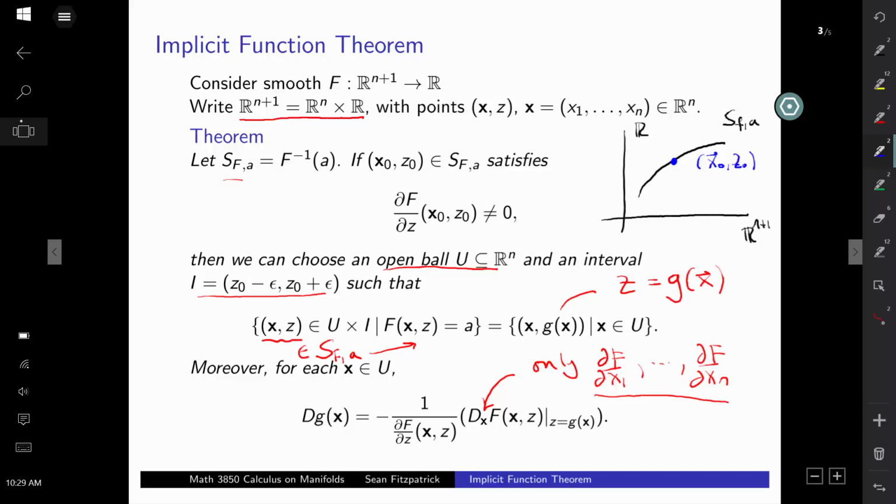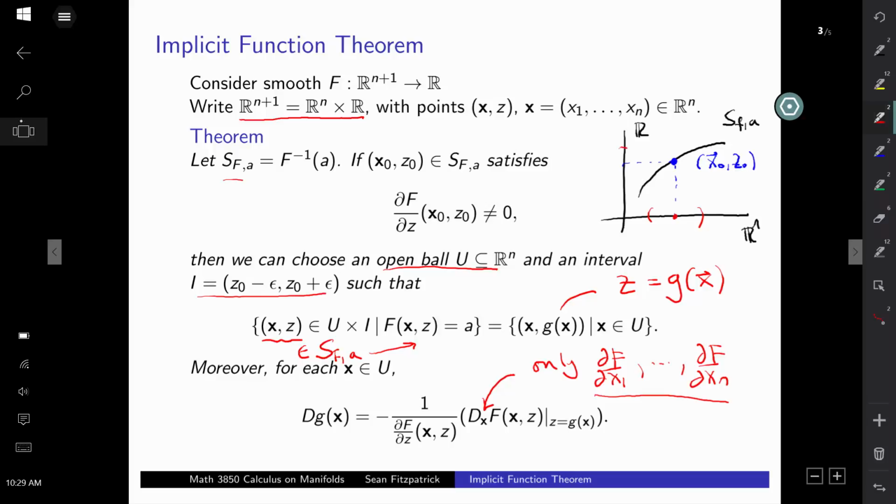And so then you can see, okay, I can drop this down, and I can find a little open ball around the shadow of that point in R^n. Sorry, not plus 1, just R^n there. And I can find a little interval around z naught there. Oops, I'm still on eraser mode.